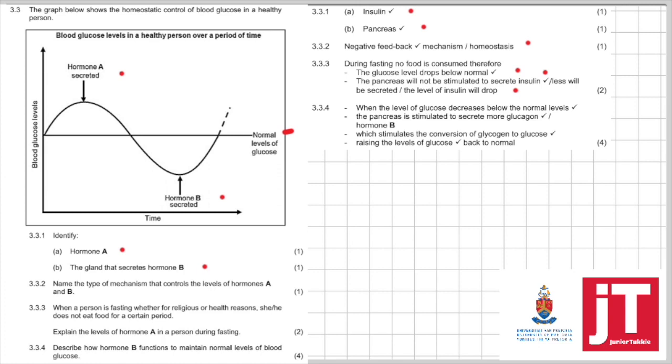Describe how hormone B functions to maintain normal levels of blood glucose. So when the blood levels of glucose decrease below normal, the pancreas is stimulated to secrete more glucagon, which stimulates the conversion of glycogen to glucose, which will increase the levels of glucose back to normal.